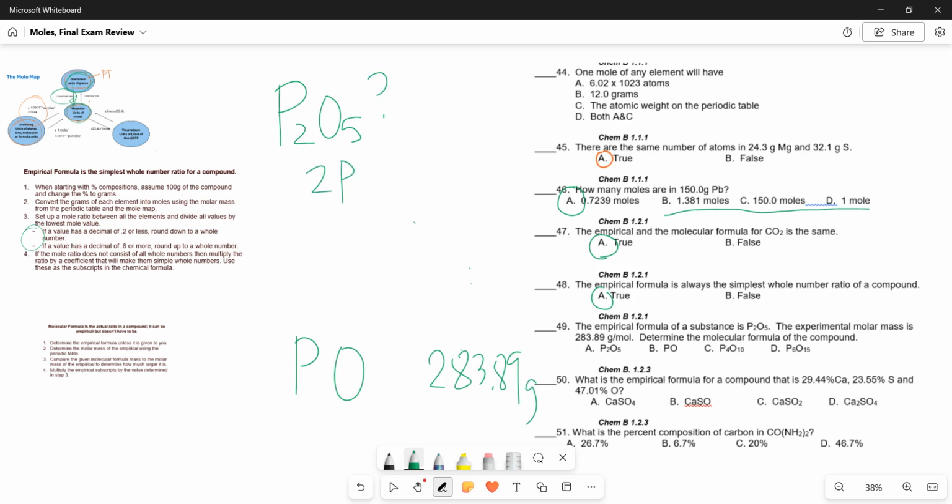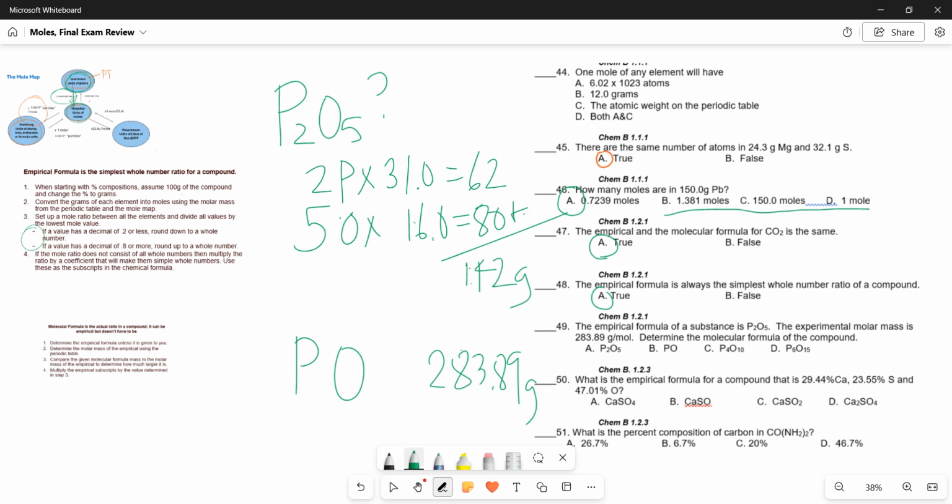Well, 2 phosphoruses off the periodic table is 31.0, which comes out to 62, and 5 oxygens. So 5 times 16 grams off the periodic table is going to give me 80. That means the total mass of this empirical formula is 142. So they are definitely going to be different.